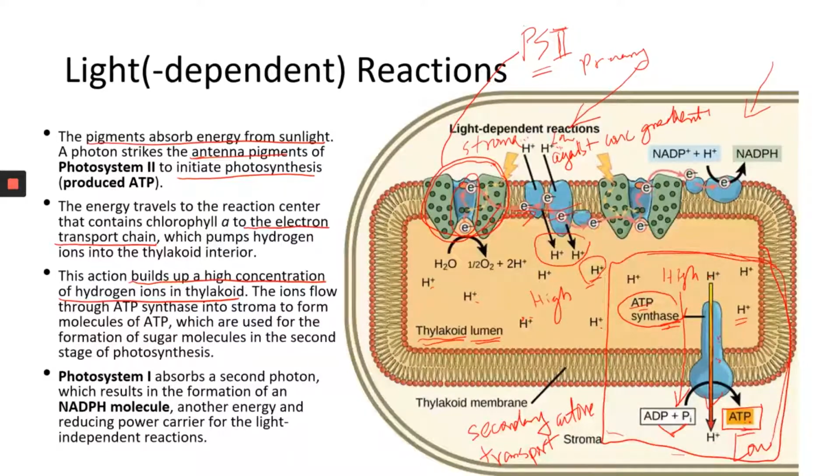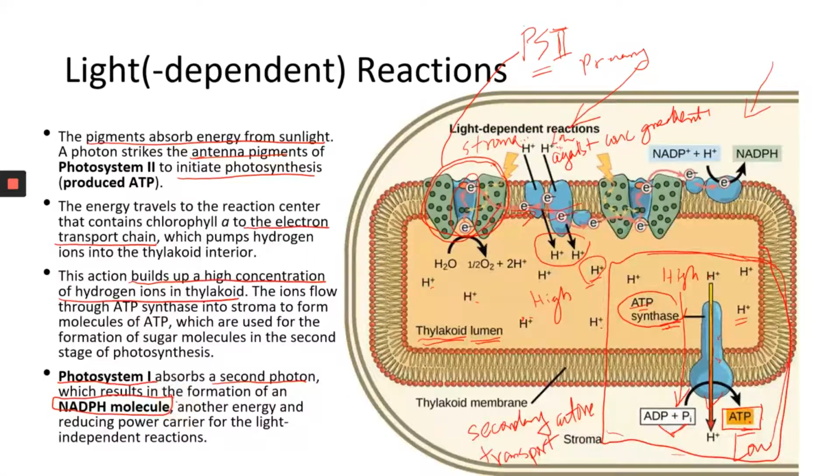How about photosystem 1? Photosystem 1 will also absorb a photon from the light. So just remember, it also harvests light energy. And then it's going to make the other electron carrier, the NADPH.